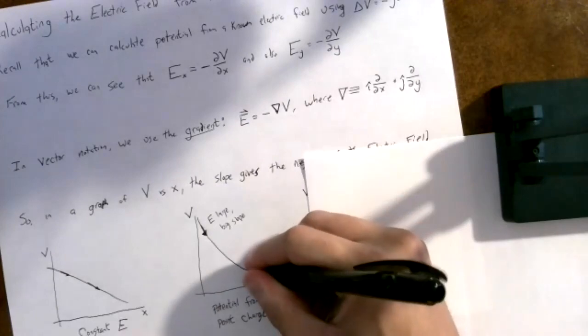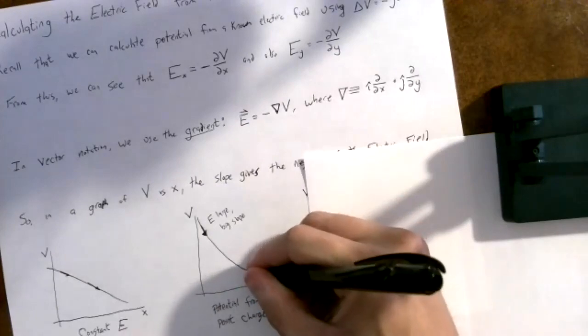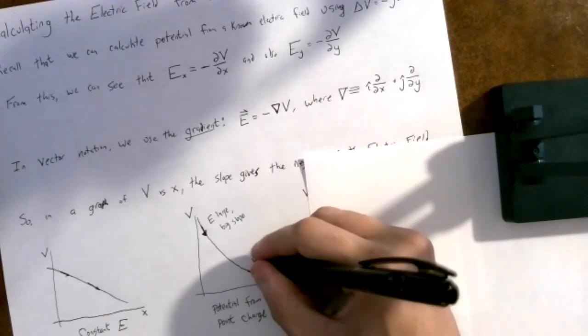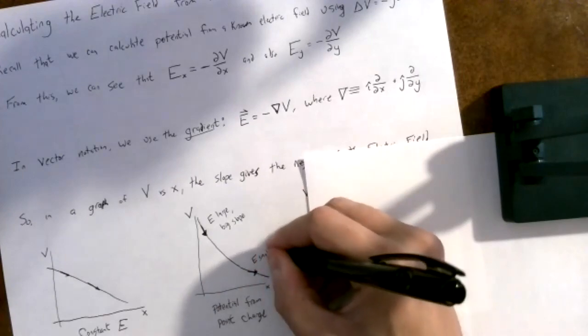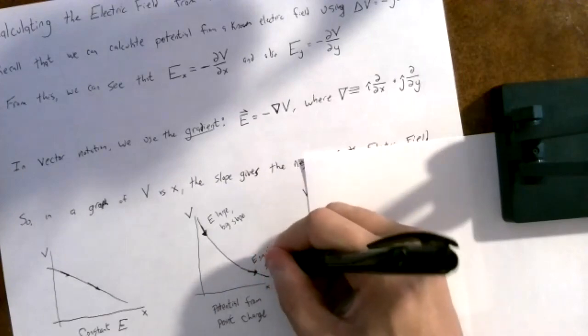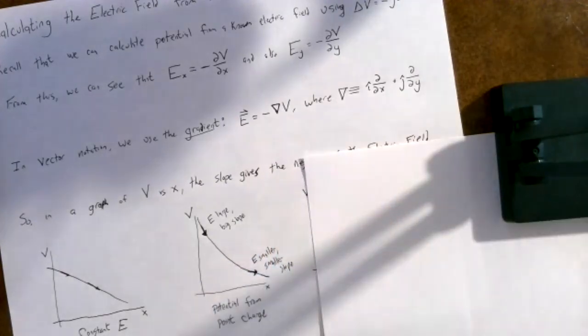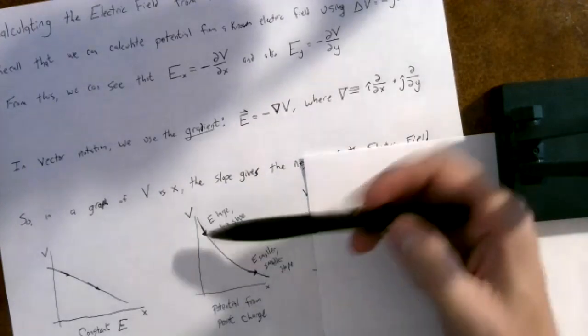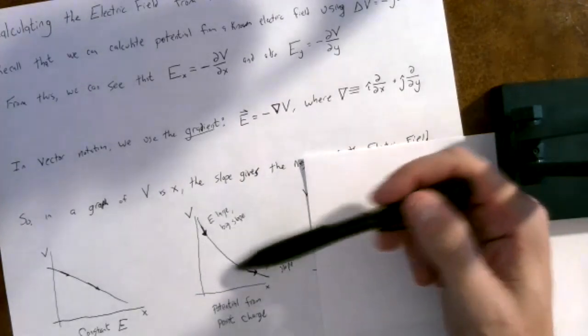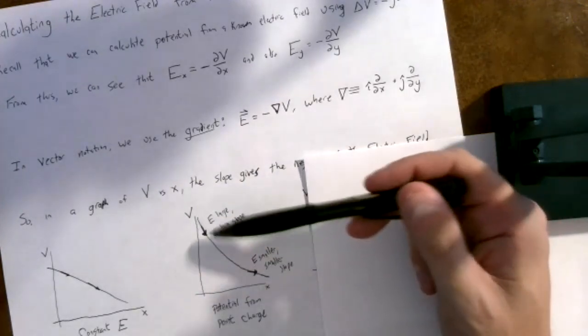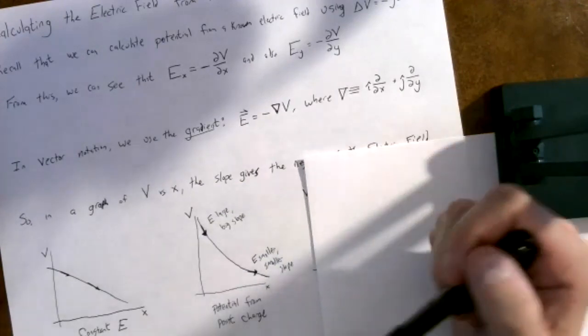And here we have a smaller electric field because we have a smaller slope. So if we have a graph of the electric potential, you can figure out what the field is because it's the slope.